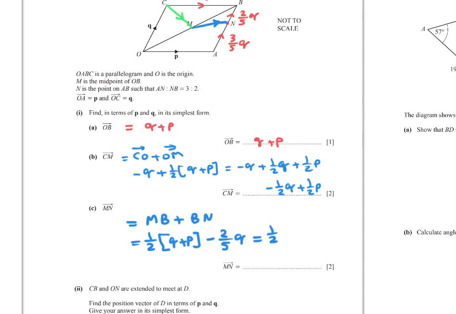So half Q plus half B minus 2 over 5 Q. Combine the like terms: 1 over 2 minus 2 over 5 equals 1 over 10. So 1 over 10 Q plus half B.